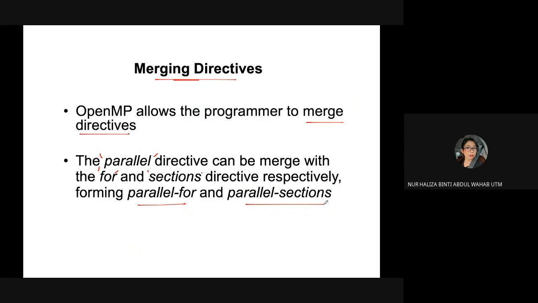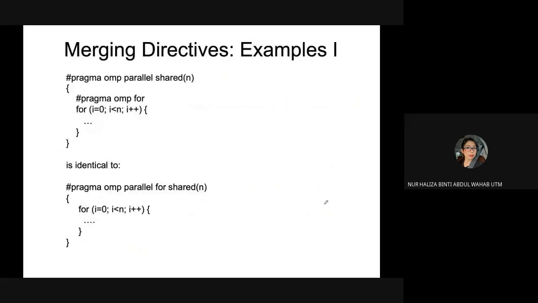Next, okay, this is the example of the merging directive. Over here, you can see you're going to use parallel for. First, you have the pragma omp parallel and you're going to have a shared variable.